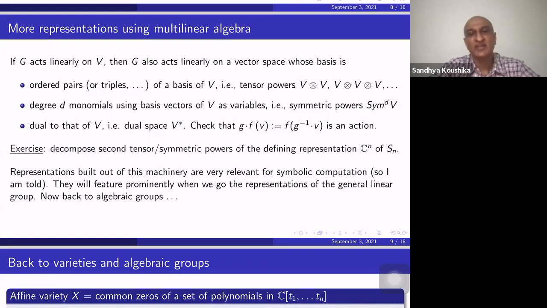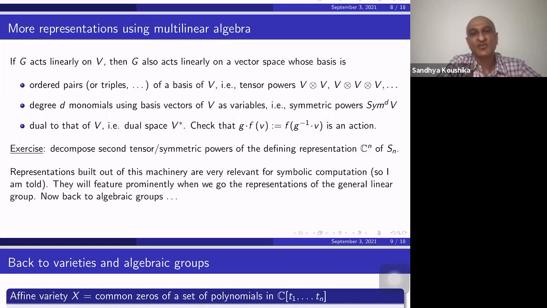I have to distribute, thinking of this ordered pair as some kind of a product. So I have to force distributivity. That's what the tensor product does. And similarly, I can also take a basis as variables, and I can take monomials in those variables and think of that as a basis for something.